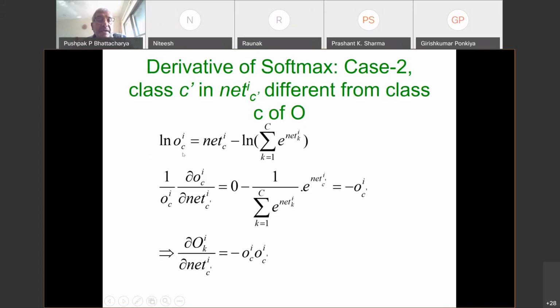So here I again take the derivative with respect to the input of another neuron. So I get 1 by O_ic delta O_ic delta net_ic', dashed. Now it is c dashed because I am taking the input of another neuron. Here net_ic does not give me 1 like before, it gives me 0 because net_ic is derived with respect to net_ic'.